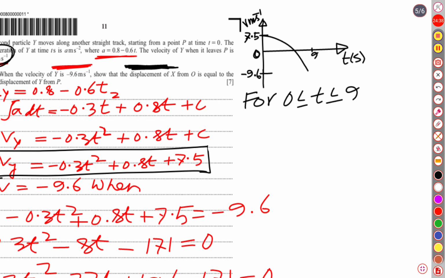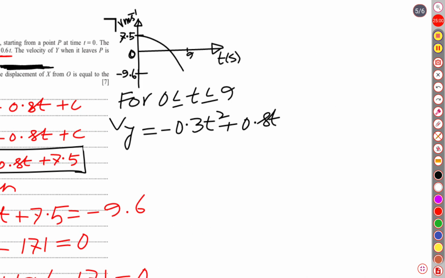Then the velocity of y is given as negative 3t squared plus 0.8t plus 7.5.